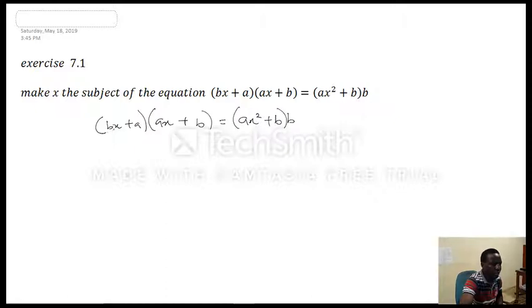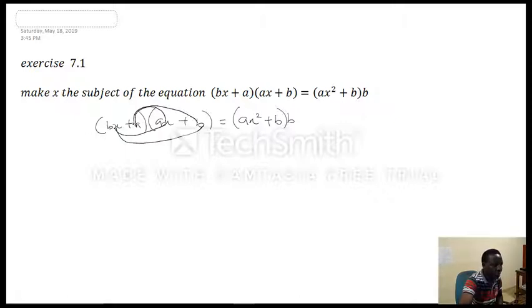So we have bx, we are going to use this term to multiply this, as well as use this to multiply this, and also use this to multiply this.